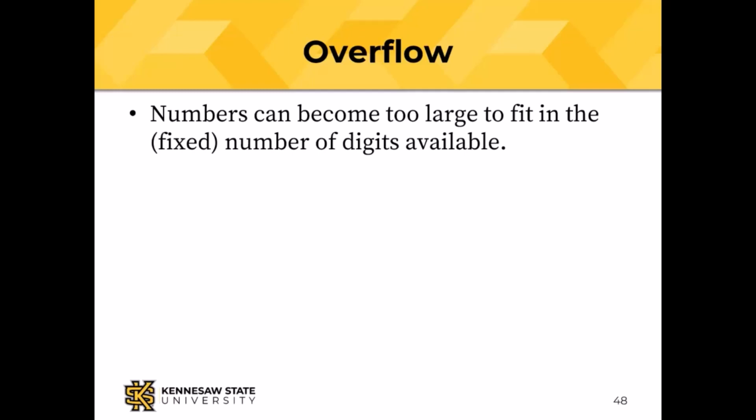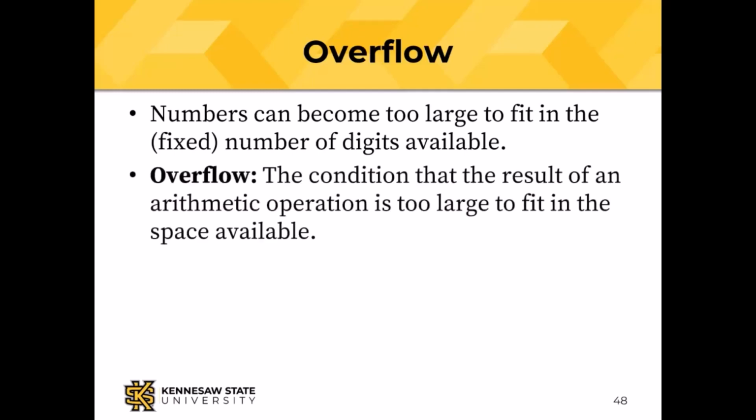But the odometer, when I sold the car, looked like I had driven 30,000 miles. And I had really driven a third of a million miles. That's overflow. You get a wrong answer when overflow occurs. Overflow is the condition that the result is too big to fit in the space available.